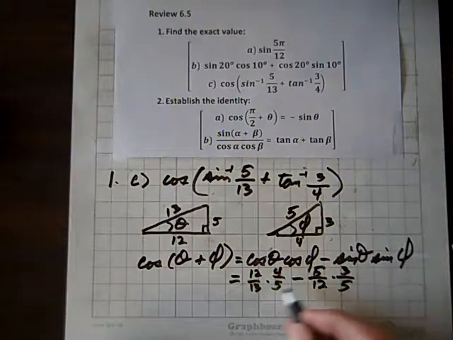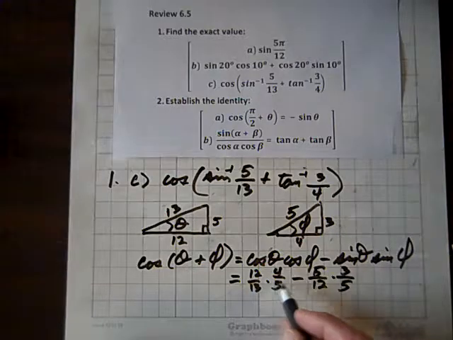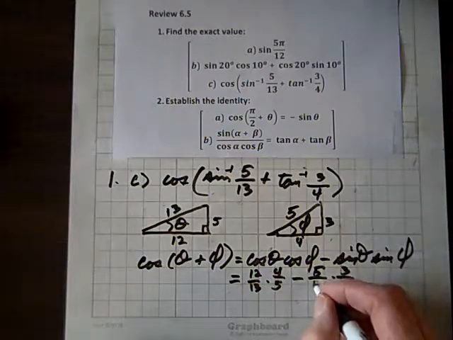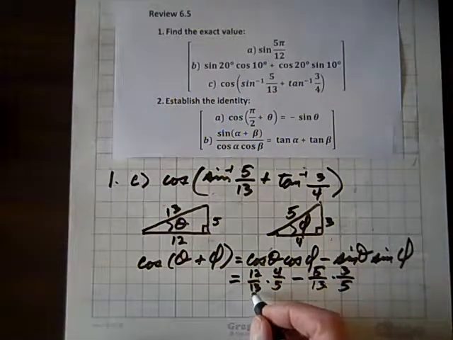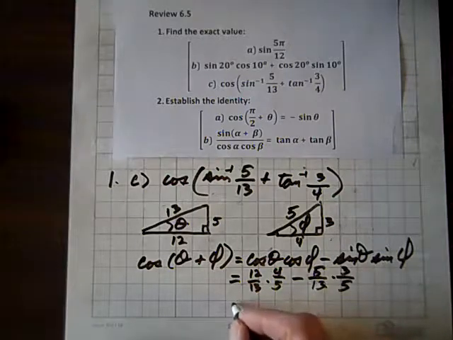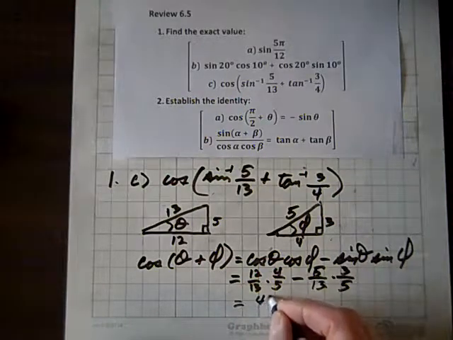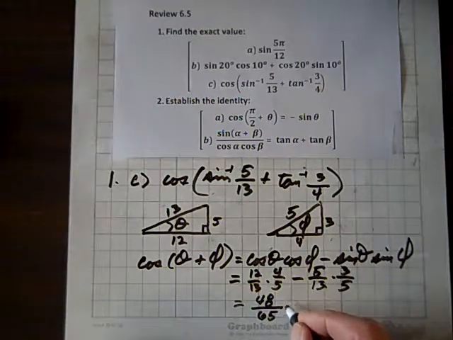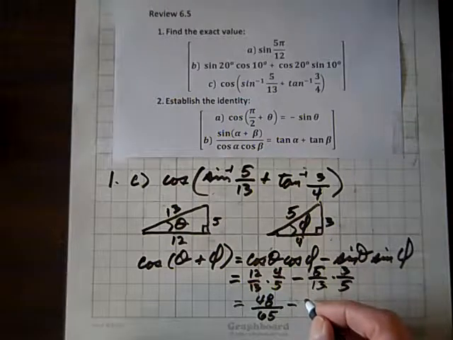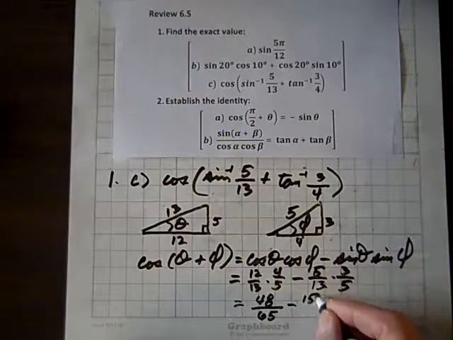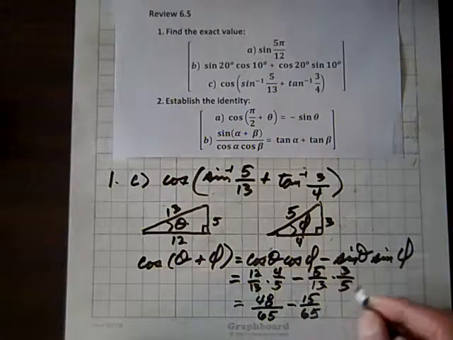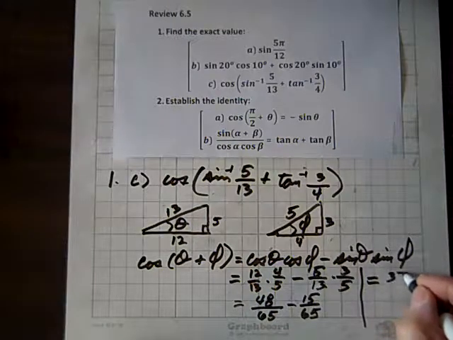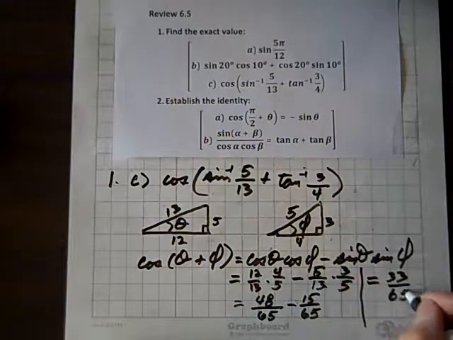So now notice we're going to have a common denominator, 13 times 5 and 13 times 5, so that's going to equal 48 over 65 minus 15 over 65, and that equals 33 over 65, and we've done it.